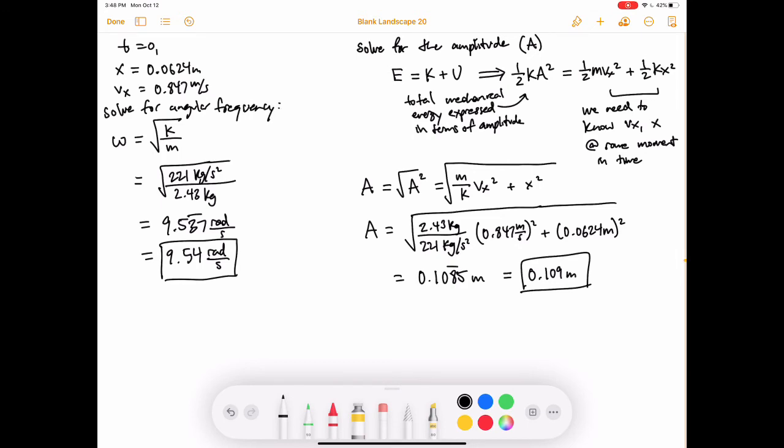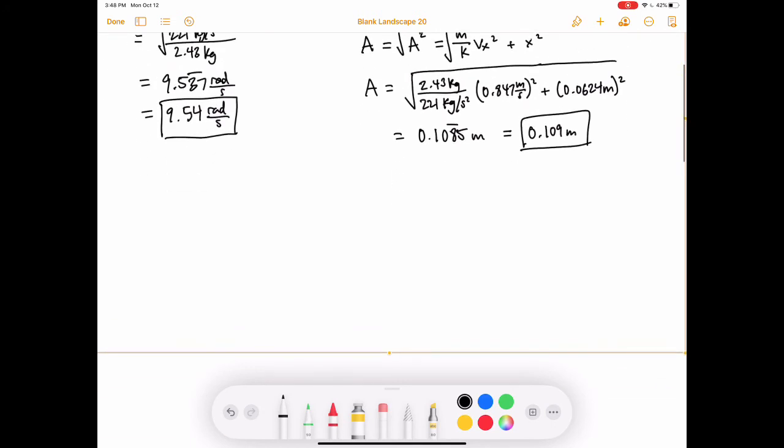So we've got the amplitude, we've got the angular frequency. The only thing left to do is solve for the phase angle, which is phi. Okay, so there are a couple different ways we can go about doing this, but let's just remember the general solution, x of t equals A cosine omega t plus phi.